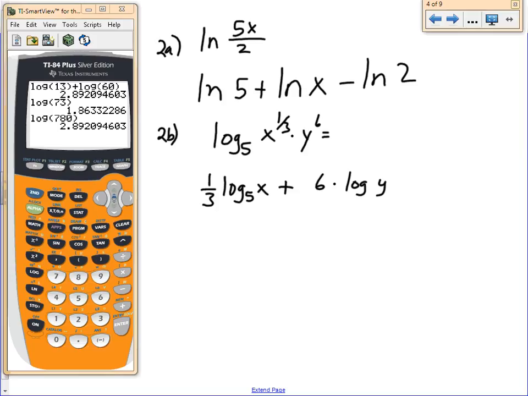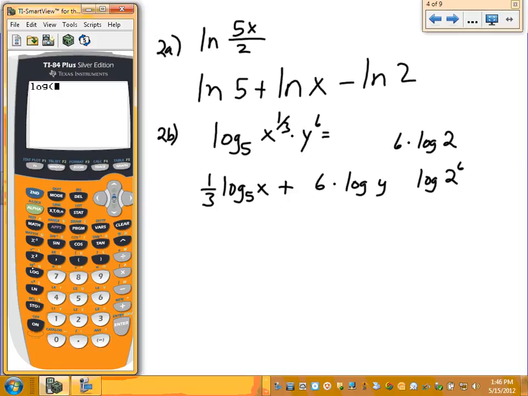That number right there that I'm going to plug in for y has to be some kind of positive number. So I'm going to say the log of, she said 2, so let's use 2. So that should be the same thing as log 2 to the 6th. 2 times 2 is 4, times 2 is 8, times 2 is 16, times 2 is 32, times 2 is 64.